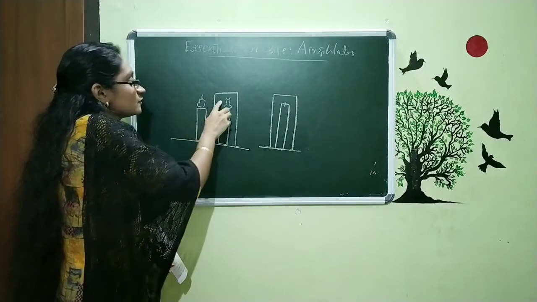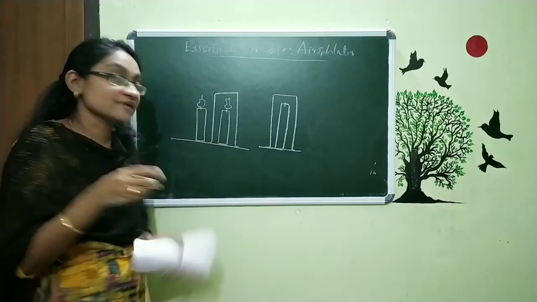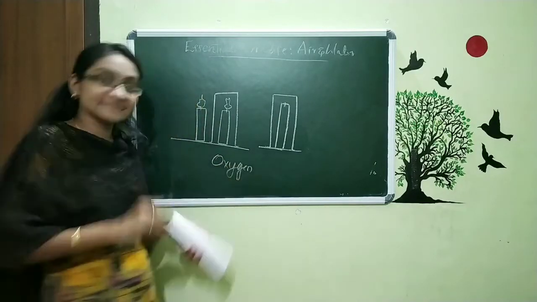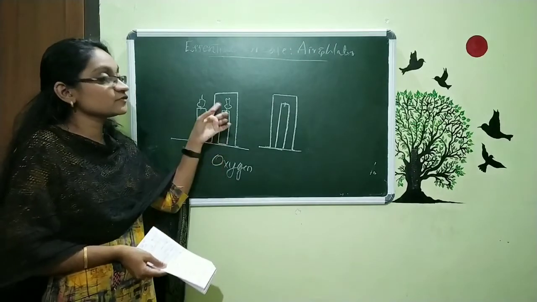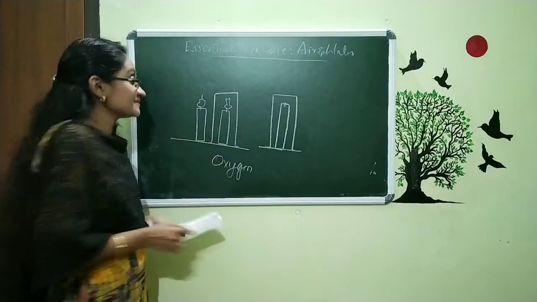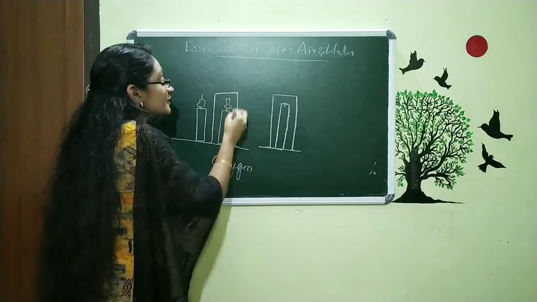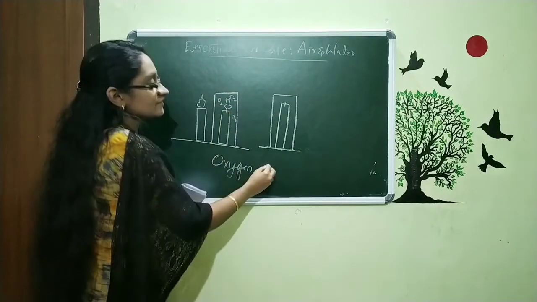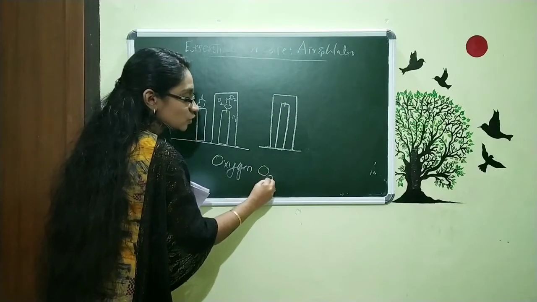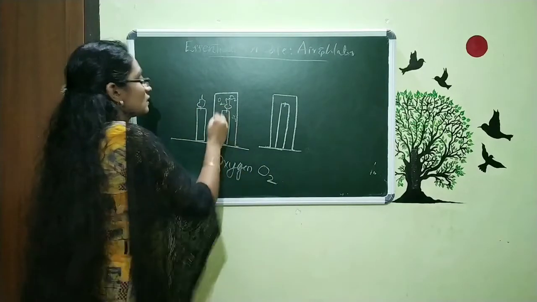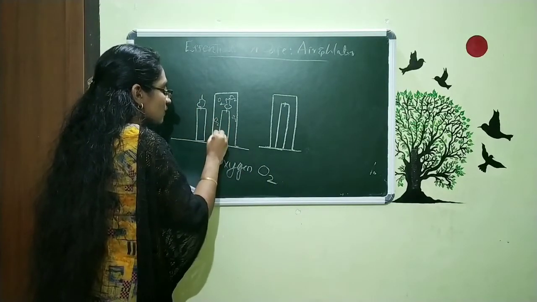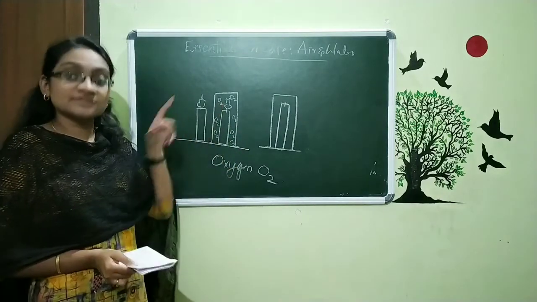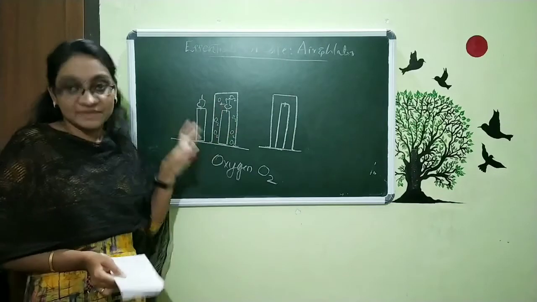At first, the glass contains oxygen. We already studied that oxygen is very important for burning, that means burning happens by utilizing oxygen. Generally, we represent oxygen with O2. So the glass is full of oxygen, and the fire is utilizing this oxygen and burning.